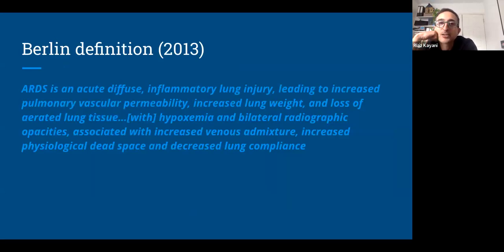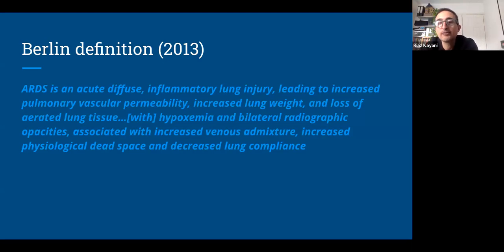So basically it is categorized as an acute diffuse inflammation. You have a primary lung injury, which can be due to a whole variety of different things: infection, shock, even blood transfusions, which essentially means that you have inflammation throughout the lung, which means that fluid builds up because of increased permeability, and it decreases the amount of effective lung tissue over which you can perform gas exchange.